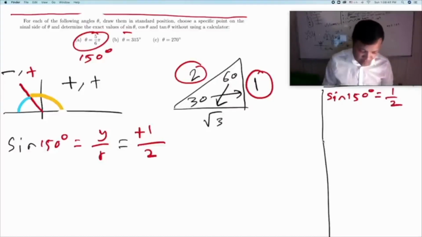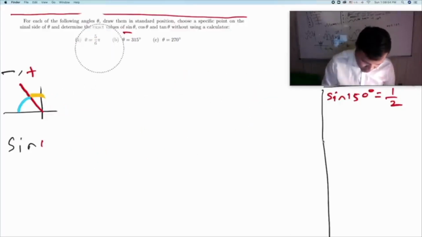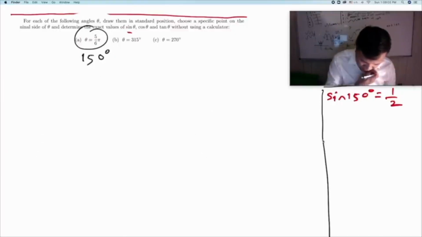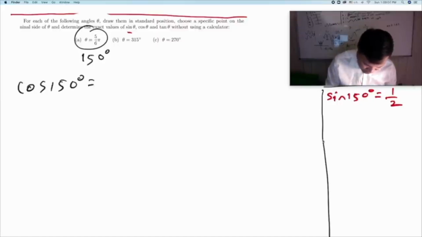Okay, all right, so now let's do the next one. Next one is cosine. Since we already know this is 150 degree, then cosine 150 degree is what? Okay, so that's what we try to find. So cosine 150 degree is negative cosine 30 degree.